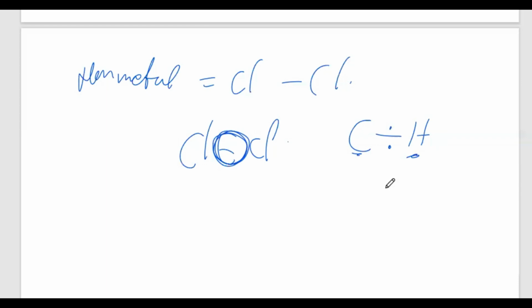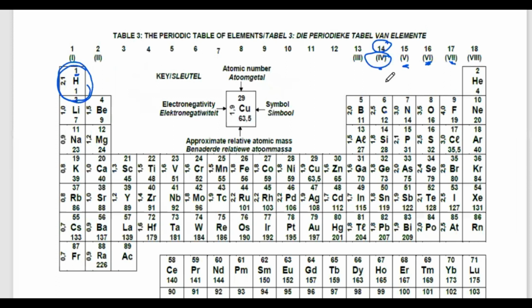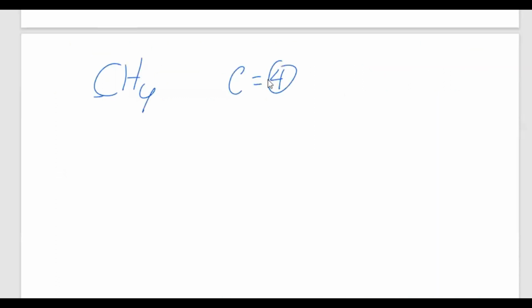So when you talk about sharing, let me give you an example. Carbon is in group 4, so it has 4 electrons: 1, 2, 3, 4. And hydrogen is in group 1, meaning that it has 1 electron outside.